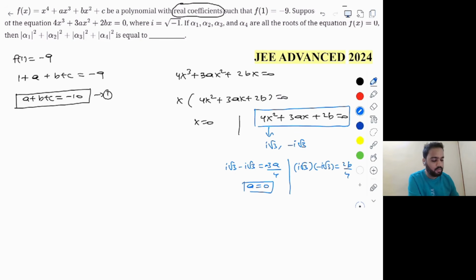And we can find out the value, right? The right hand side is 2b by 4 and the left hand side is 3. So finally, b will be equal to 6. Okay. And you can take these values of a and b from here and put them in equation number 1. From there you get the value of c.